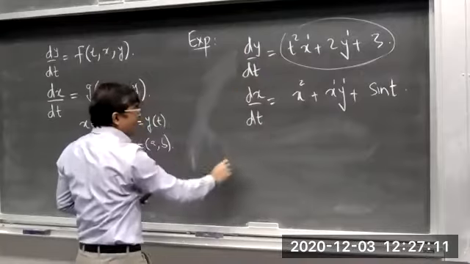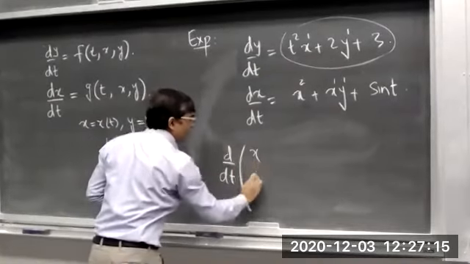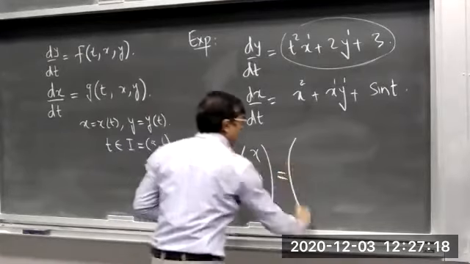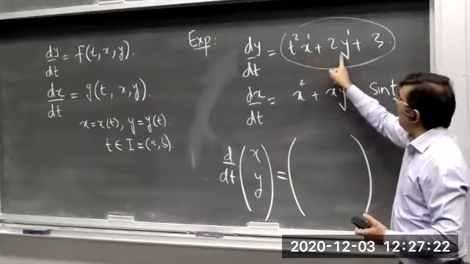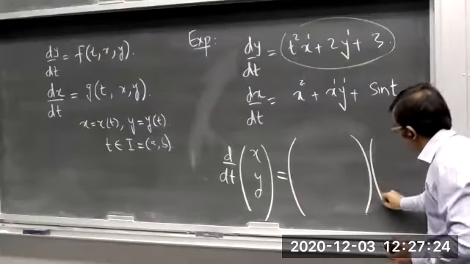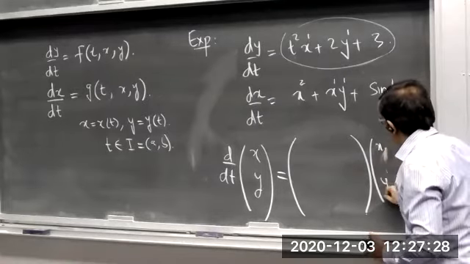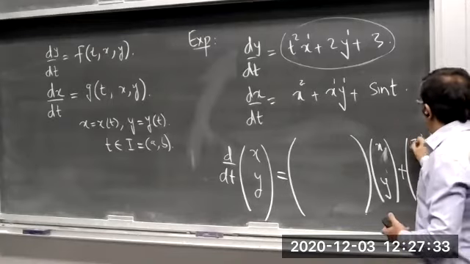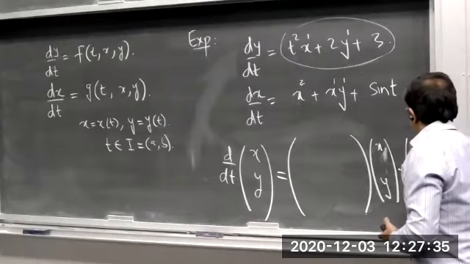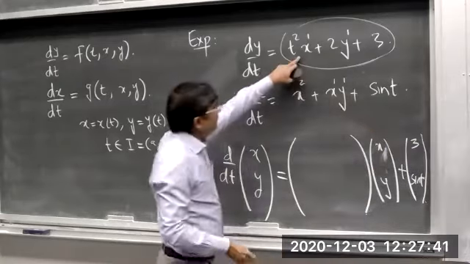Left hand side, we can write d by dt of x y, equal to, we have to write the coefficients of x1 and x2 into a matrix, and here we have to write x and y, plus some vector which doesn't involve them, here it will be 3 sin t. Can we separate the coefficients here of x and y in the first equation?